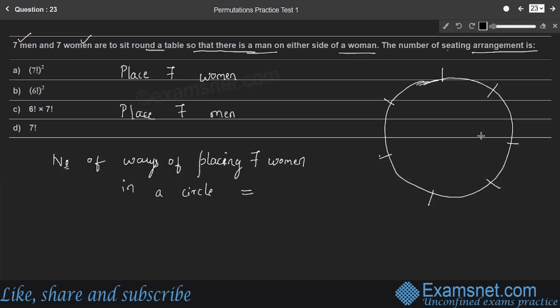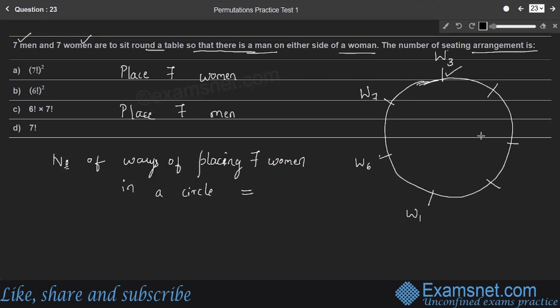is equal to, here the position of 1 woman will be constant. Since it is a circle, wherever you start, you have to end up at the same place. If you start from W3, the third woman, and the third woman is here, then the second is the seventh woman, next comes the sixth woman, next comes the first woman, like that.